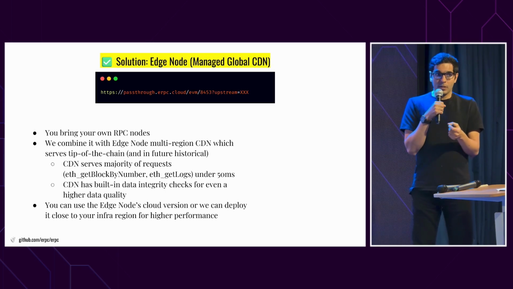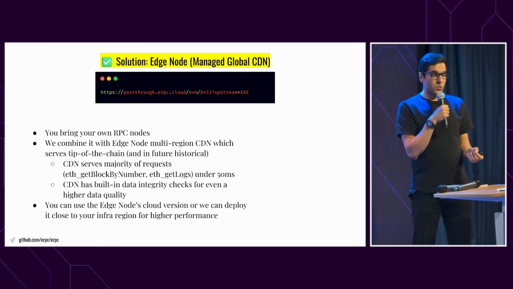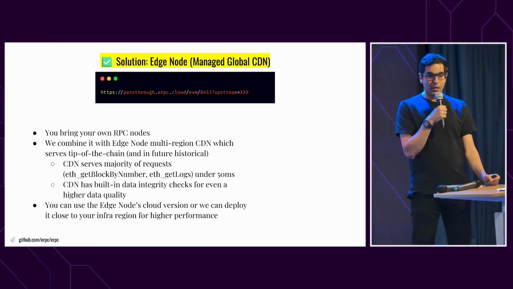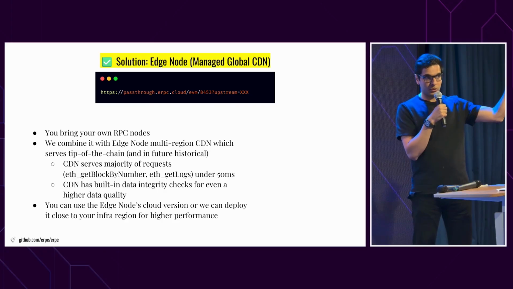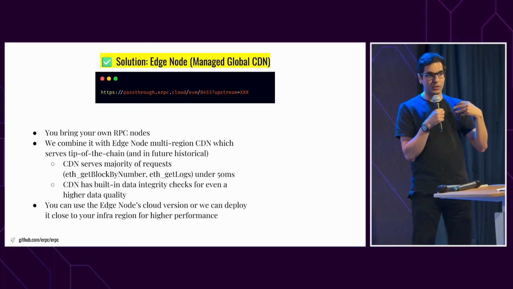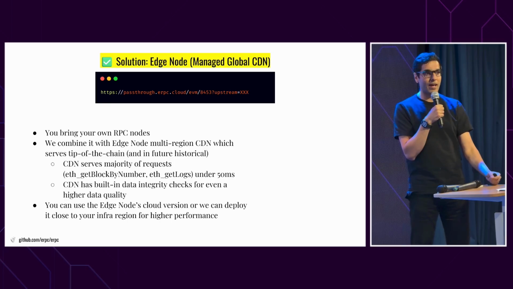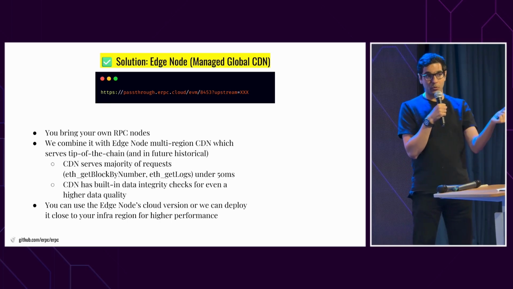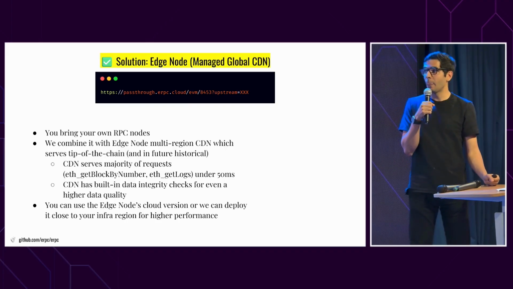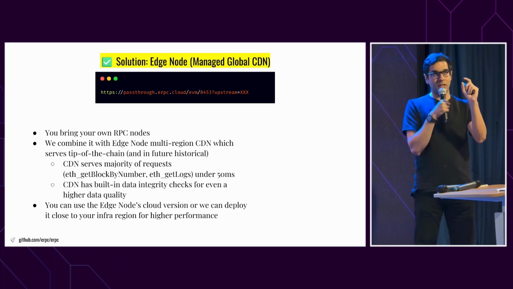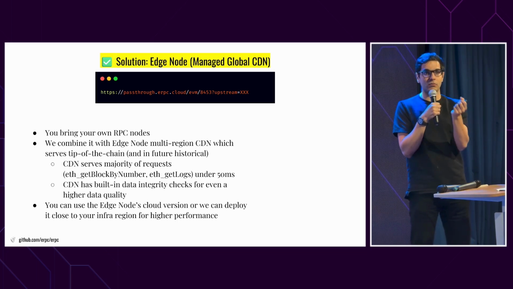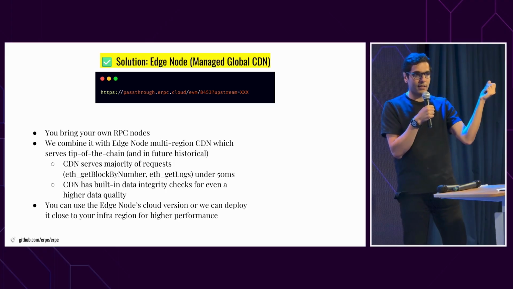This one is probably the only slide that is not part of the eRPC open source core. It's what we call an edge node, and it's one of our premium features. It combines your RPC nodes. You can have RPC nodes from different providers, bring them to us, and we have an edge node service where these get combined together. It can even be deployed to your own infra stack for the lowest possible latency. This edge node is a proactive indexer that sits at the tip of the chain, for, imagine, the last 10,000 blocks.